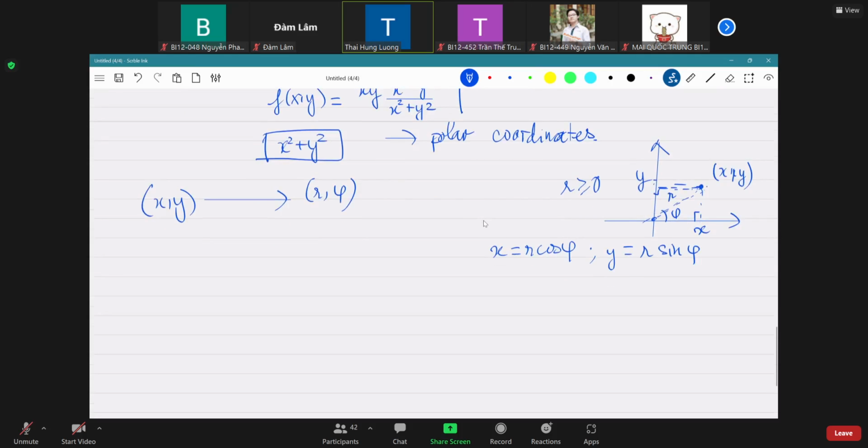So let's plug this transformation into the formula of the function to find the new form. I just write out the last formula here.